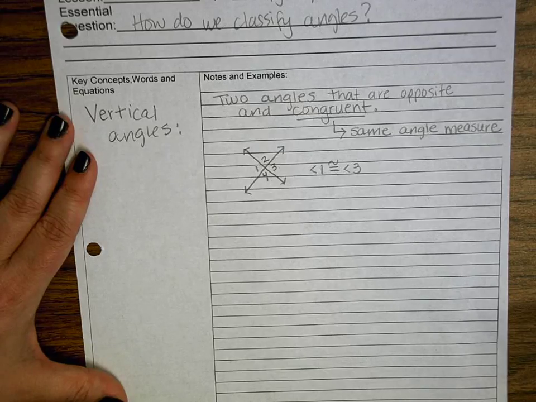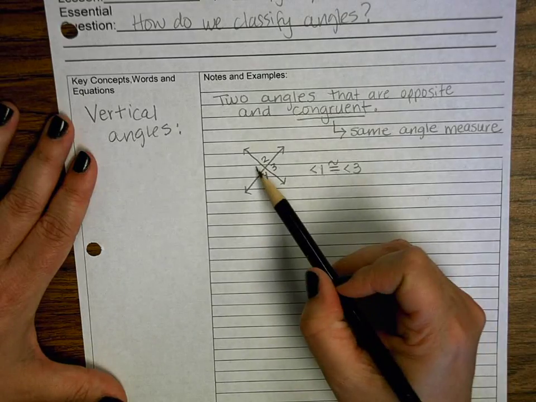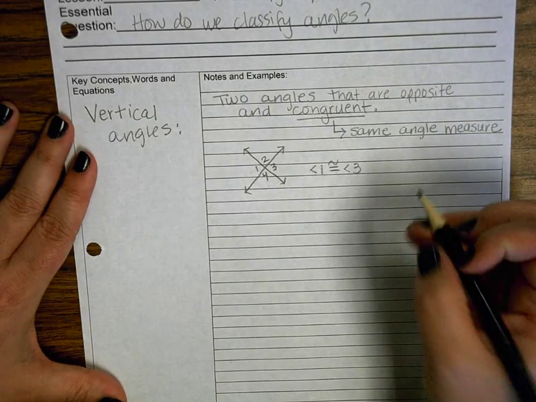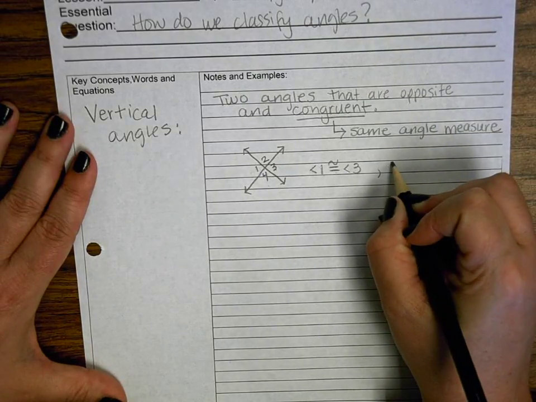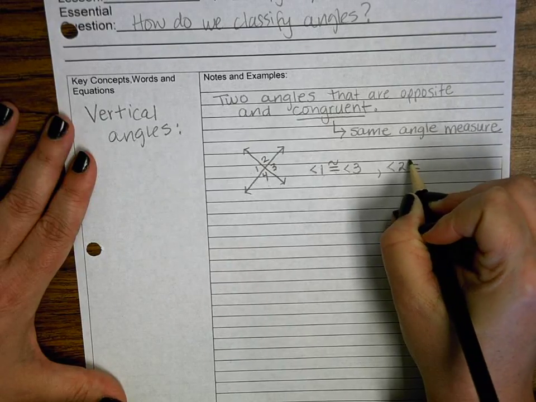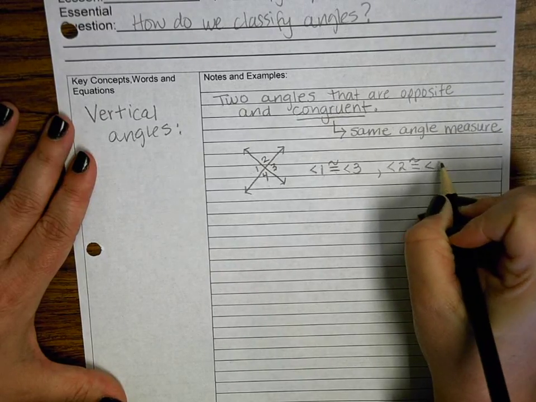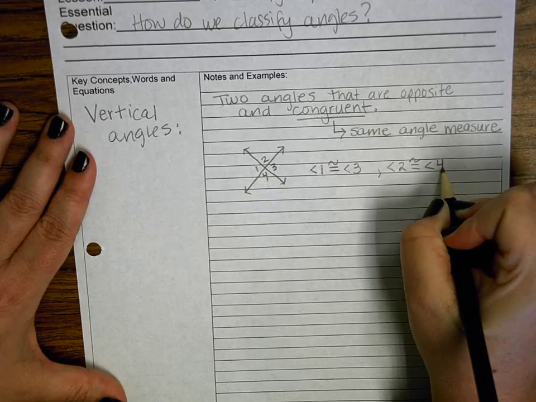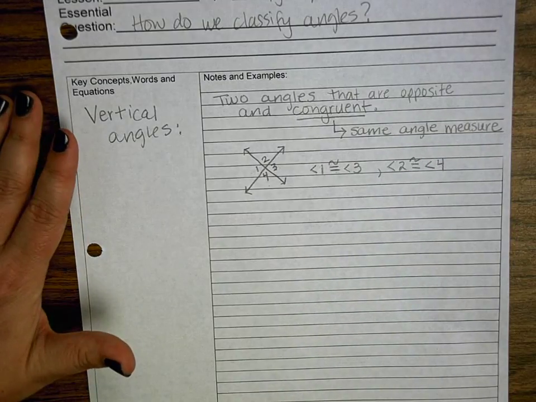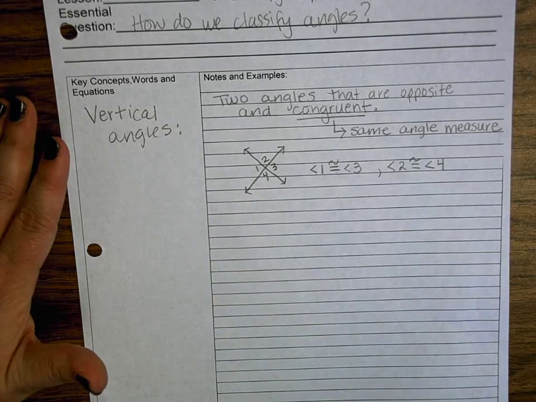There are 2 more vertical angles in this. Now 2 and 4 are also vertical angles. So, angle 2 is congruent to angle 4. What does vertical mean in the real world, not just geometry? Can you show me with your hands, vertical?